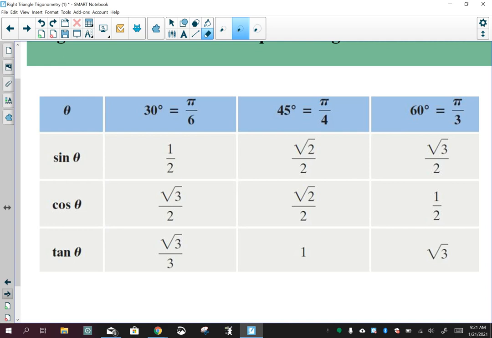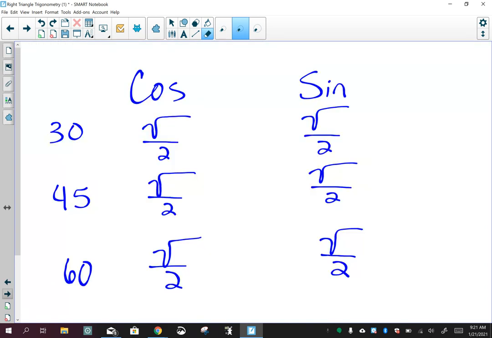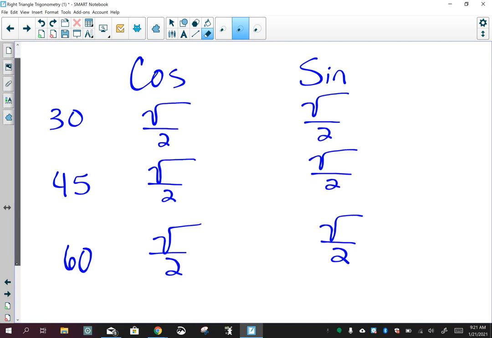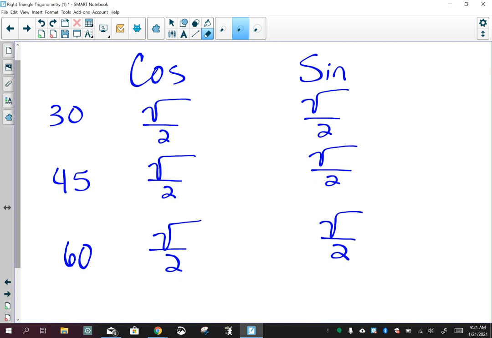All right. So hopefully that worked for you. So I'm going to show you a trick. If you notice with your 30, 45, and 60 for sine and cosine, everything is going to be over 2. I'm going to go back.